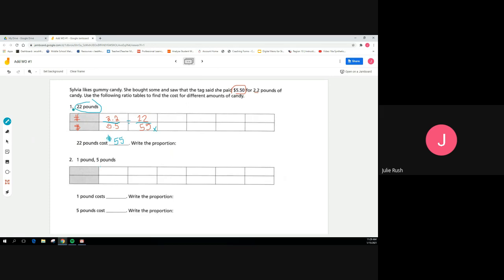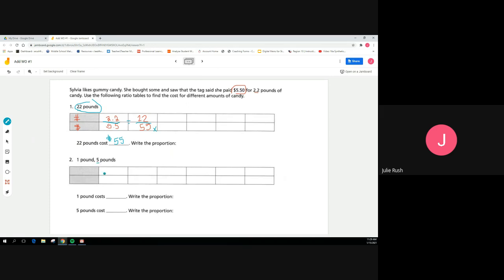I think they probably were coaching us, right, to get rid of the decimal. And there's a good reason for that, because we're not going to want to use that decimal if we don't need to. All right, let's look at number 2. Number 2 says 1 pound and 5 pounds. I see fives right here, so I think I can get to 5 pounds pretty efficiently.